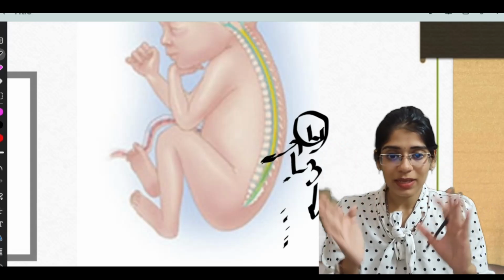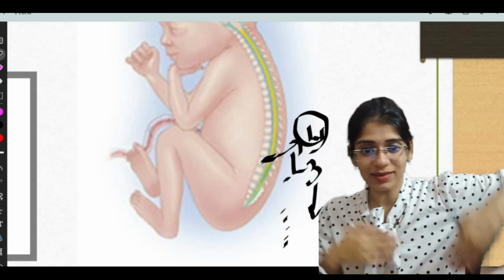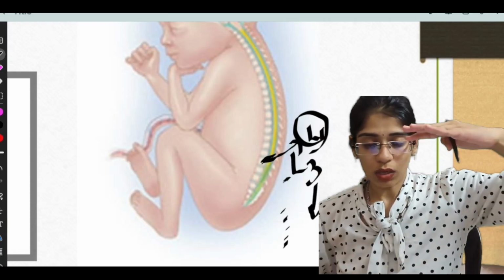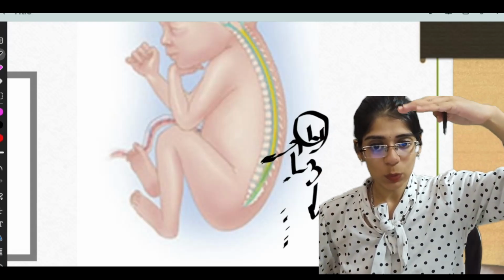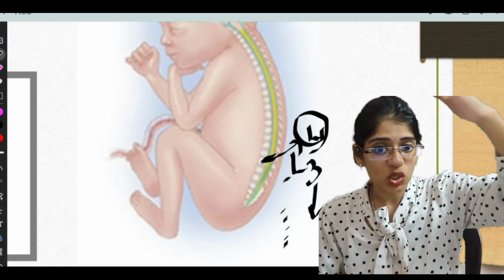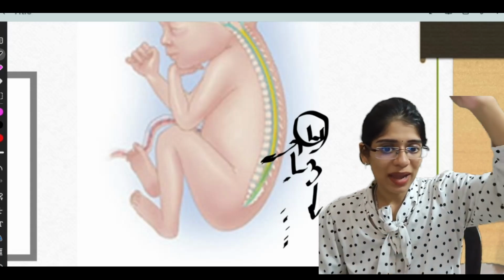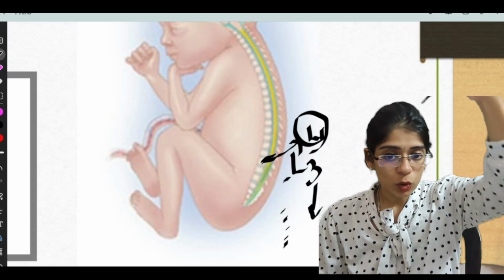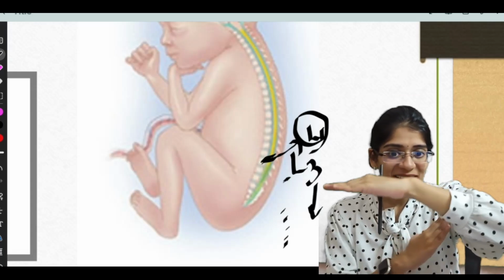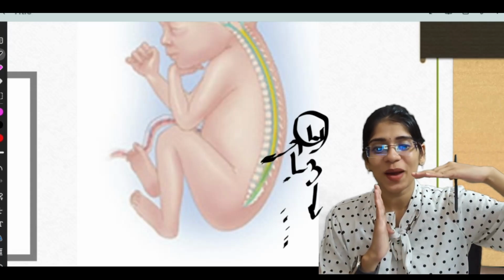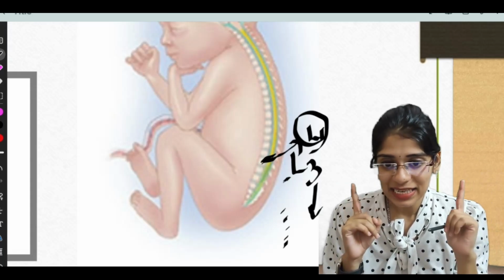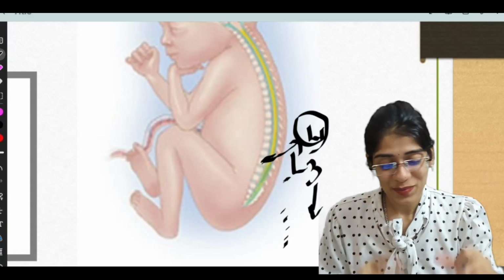So just remember that as a child grows, his height increases, so the trunk's length increases, but the spinal cord length does not increase. Once it has grown to its maximum potential, the spinal cord doesn't become long. So L3 comes down, and now when I say in an adult where the spinal cord ends, you must answer L1.